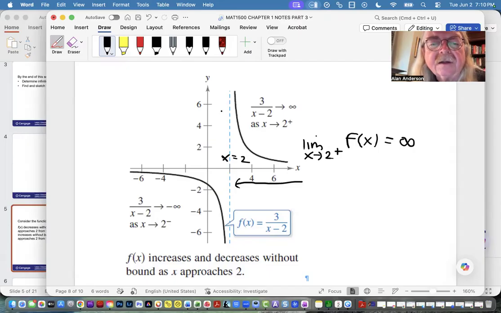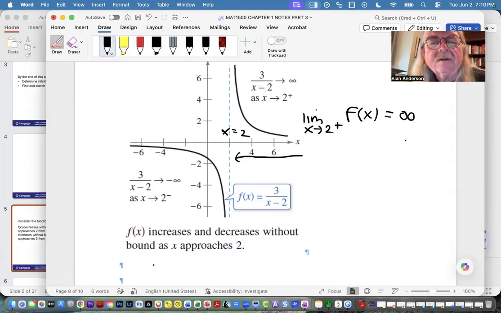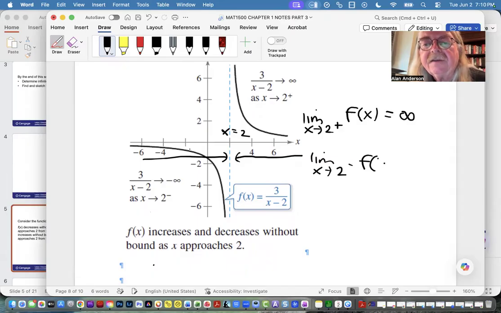On the other hand, though, if we approach it from the left, in this region, the function is heading towards negative infinity. It's going down and down and down forever.